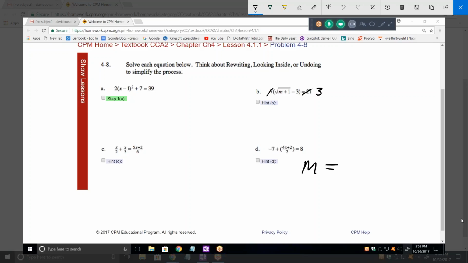Now do you get rid of the 3? Correct. What's the next line? So then it's the square root of n plus 1 equals 6? Next line. How do I get rid of this radical sign?